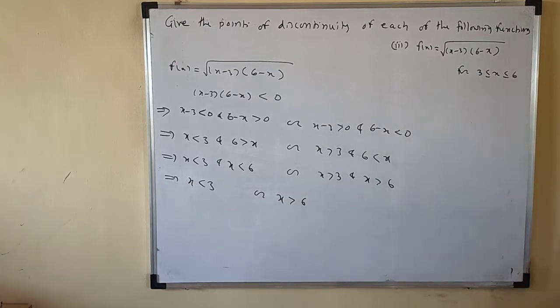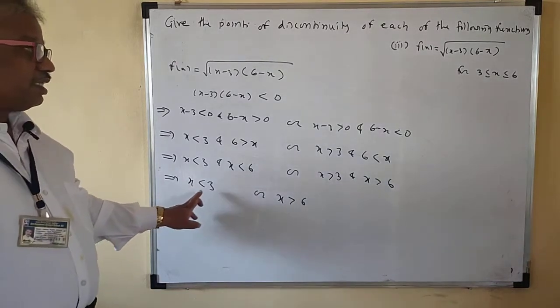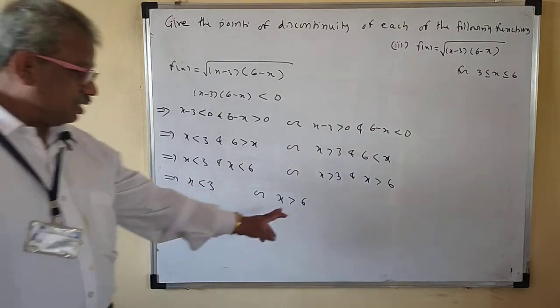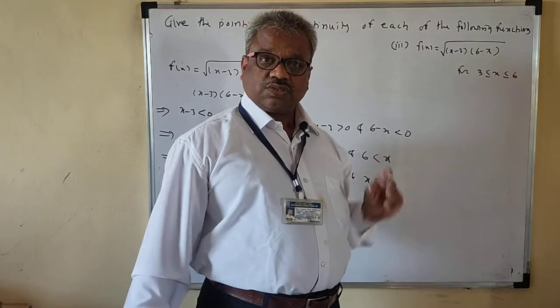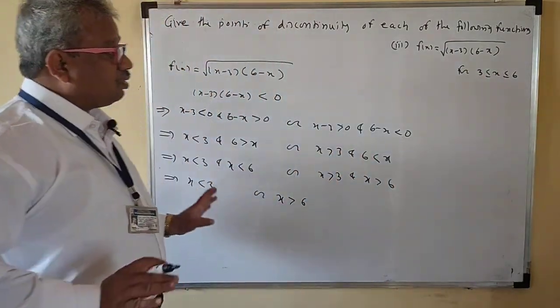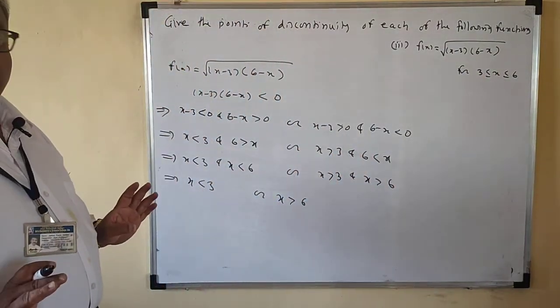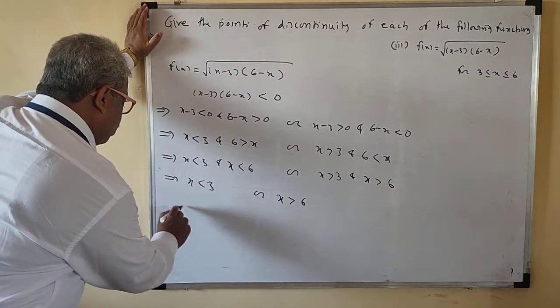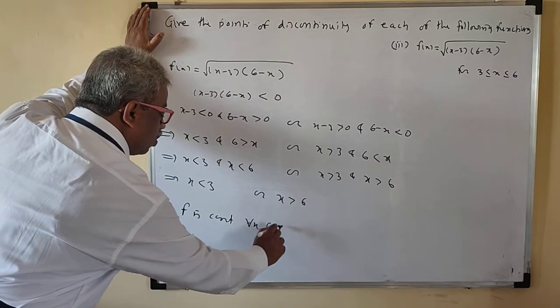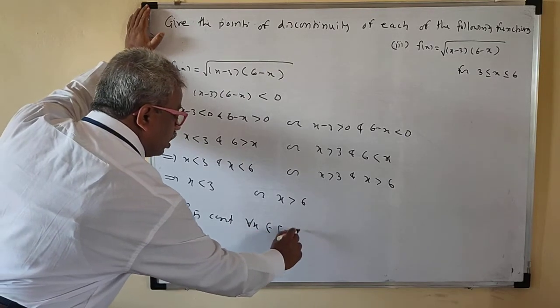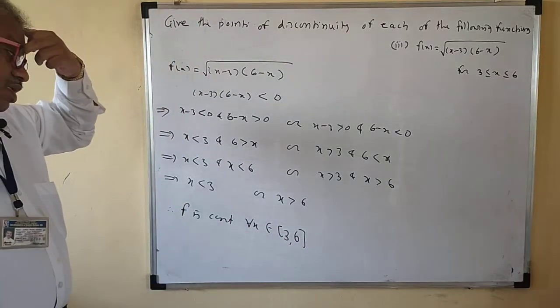Now your function is discontinuous if x is less than 3 or x is greater than 6, but your interval is 3 to 6 only. In between 3 to 6, the function will not be discontinuous. So therefore, f is continuous for all x belonging to the closed interval [3, 6].